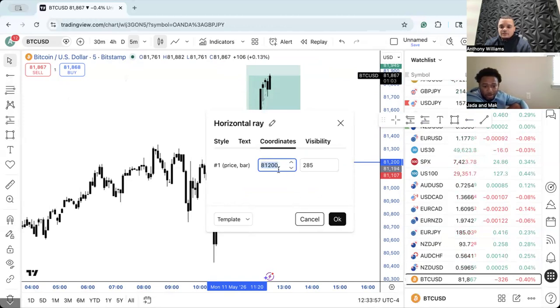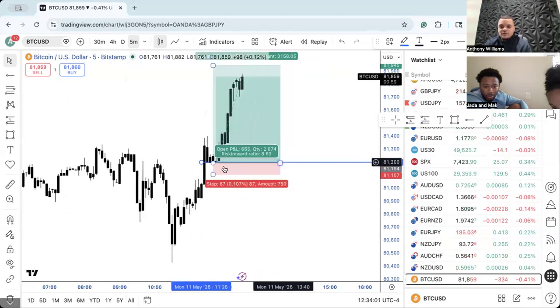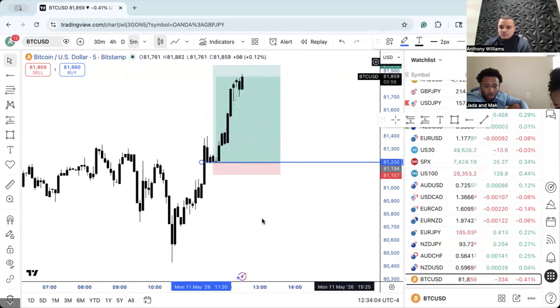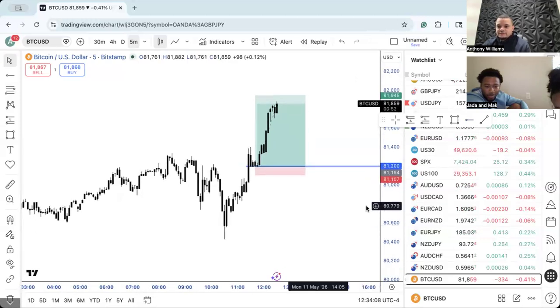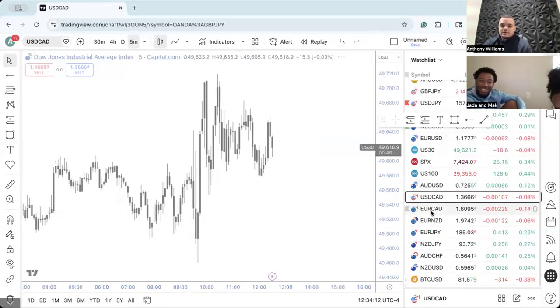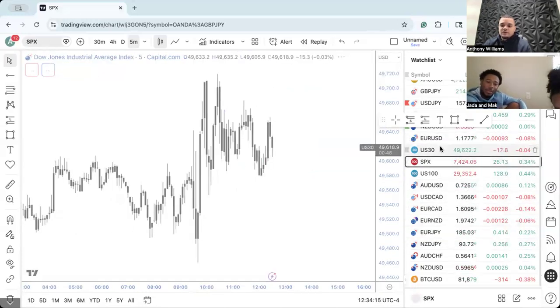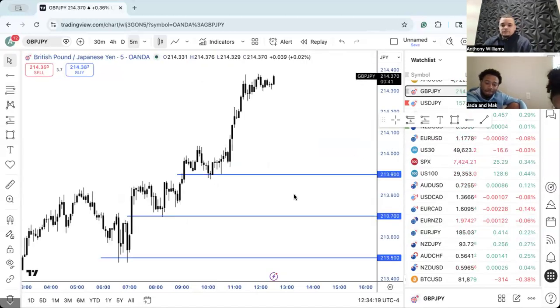If y'all wanted to put money in for Bitcoin at this price, simple. You just got to be at the price. That's it. Nothing changes. No matter what y'all pull up, what y'all want to trade, they're all charts.